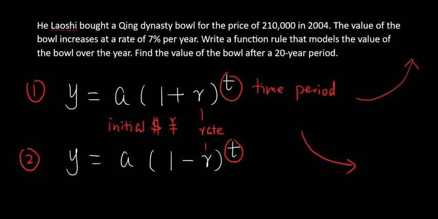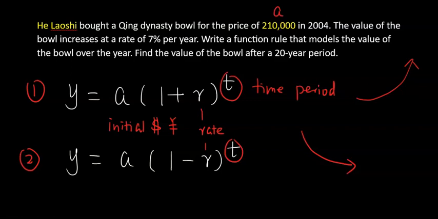Okay, let's read it. This person is a He, and his profession is a teacher, 老师. So He 老师 bought a Qing Dynasty bowl for the price $210,000 in 2004. So this gives us our initial price.